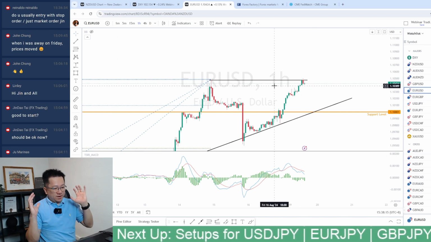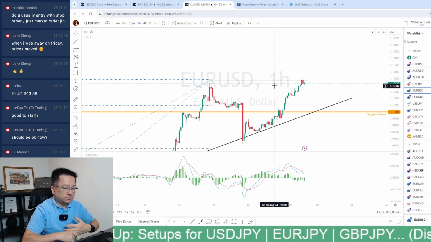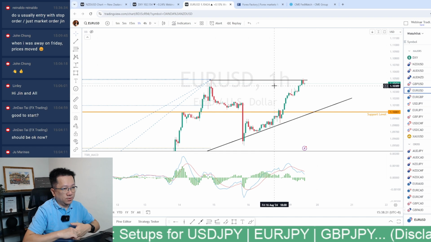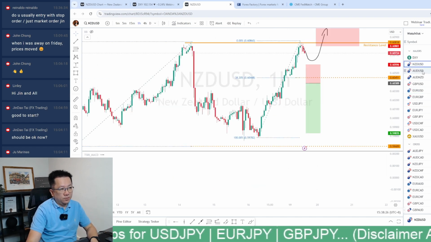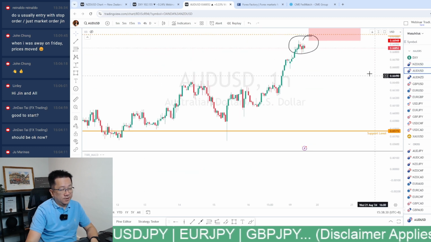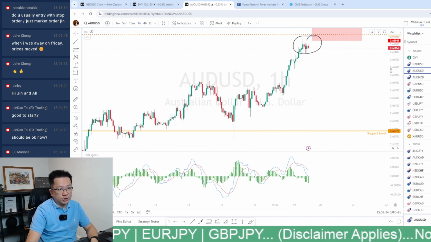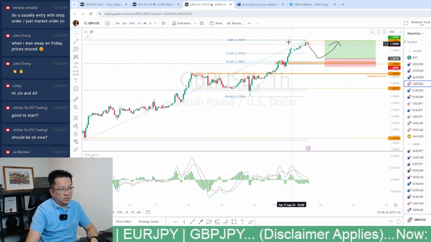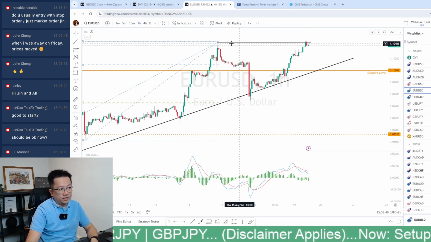And if you notice, a lot of times, or today especially, Kiwi double top forming and look, it's retracing. Aussie right at the top in consolidation. Pound dollar right at the top in consolidation. Euro dollar with a bit of a double top forming.